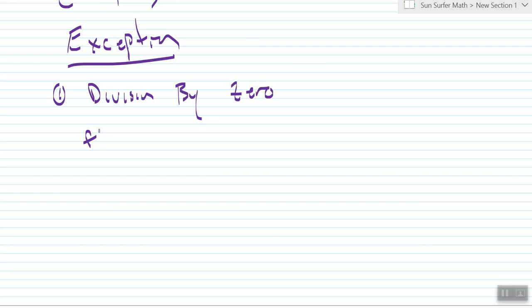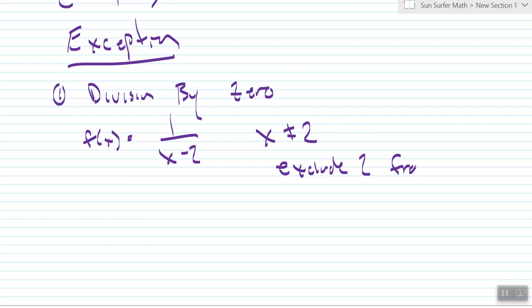As an example, let's say we had f of x is equal to 1 over x minus 2. Well, x cannot be equal to 2, because if we let x be equal to 2, we get 1 over 2 minus 2, or 1 over 0. And division by 0 is not allowed in mathematics. So therefore, we need to exclude 2 from the domain.